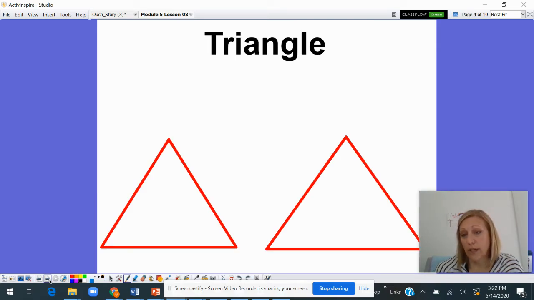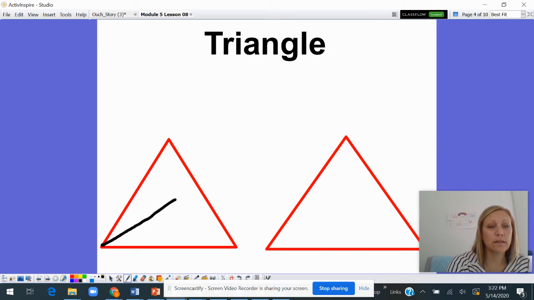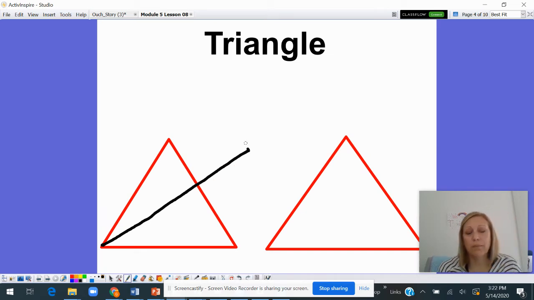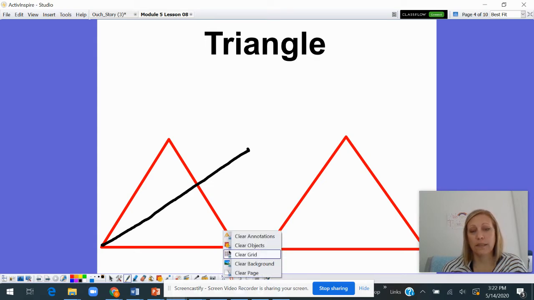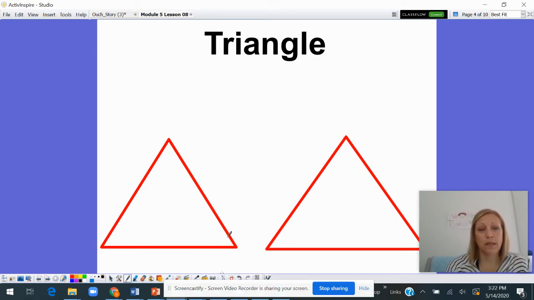We've been looking at shapes. Our real big focus today is making sure that we're splitting our shapes into equal parts. So if we did this, would that be equal? I would say no, that would not be equal.